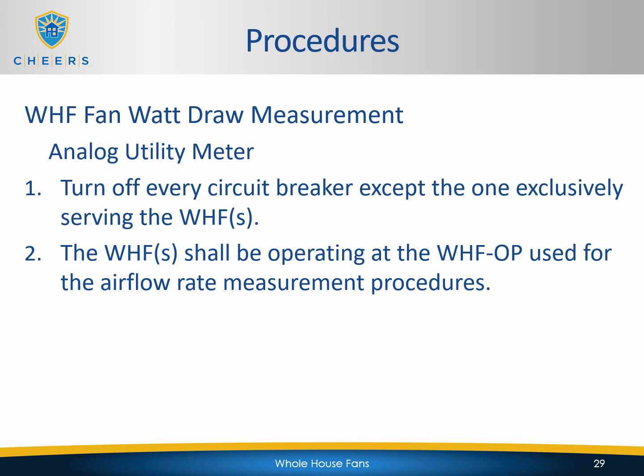So the first thing you're going to need to do is turn off every circuit breaker except the one that is exclusively serving the whole house fans, so that the only power going through that meter is what is being used by those whole house fans. As always, the whole house fans shall be operating at the whole house fan operating pressure used for the airflow rate measurement procedures.